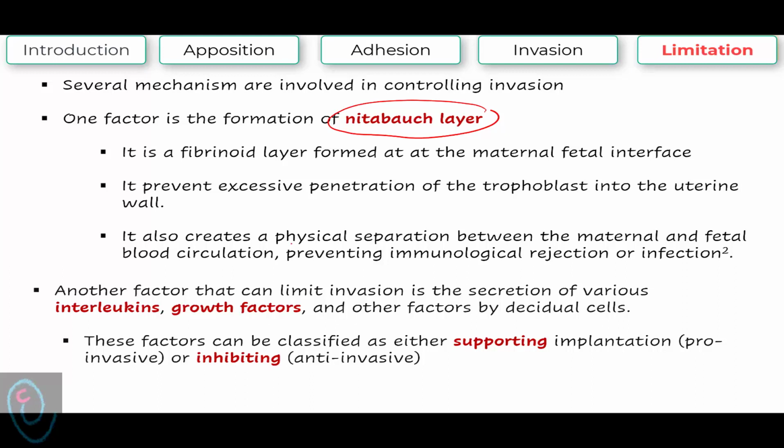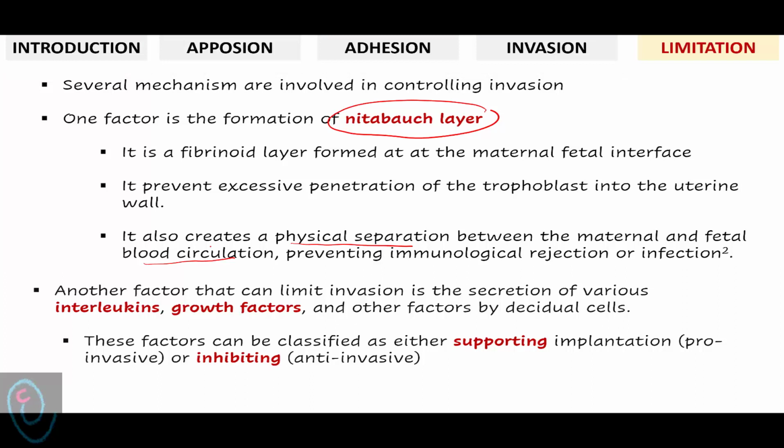It also creates a physical separation between the maternal and the fetal blood circulation, preventing immunological rejection or infection. Another factor that can limit invasion is the secretion of various interleukins, growth factors, and other factors by decidual cells. These factors can be classified as either supporting invasion or inhibiting invasion.